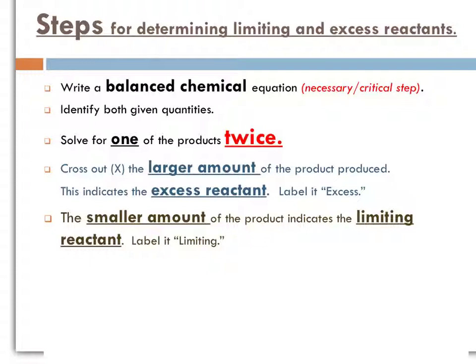The larger answer will point then to the excess reactant, and the smaller answer will indicate the limiting reactant. Remember, the answer for limiting and excess reactant has to be a reactant from the equation.